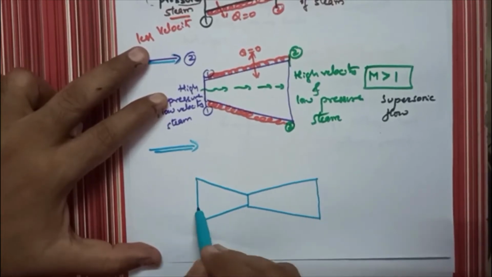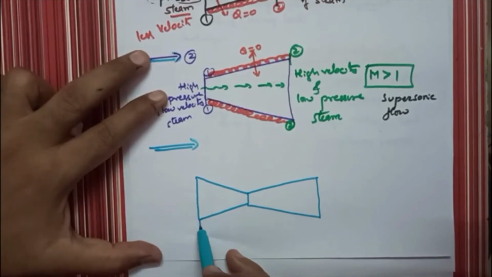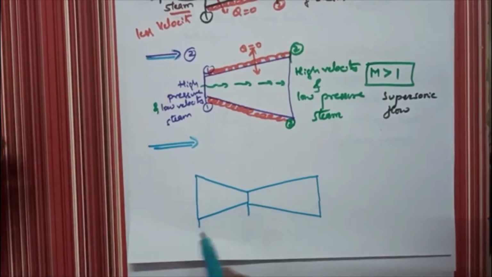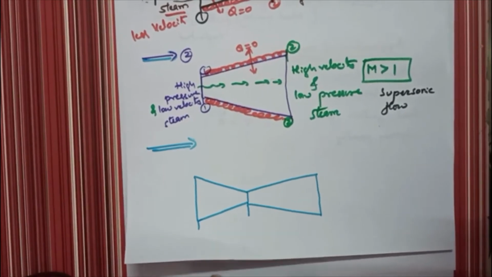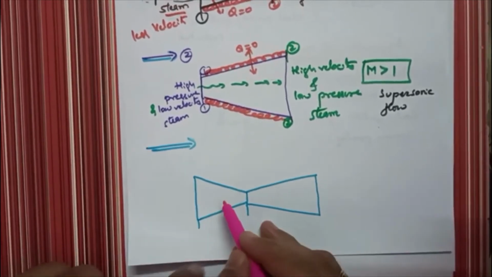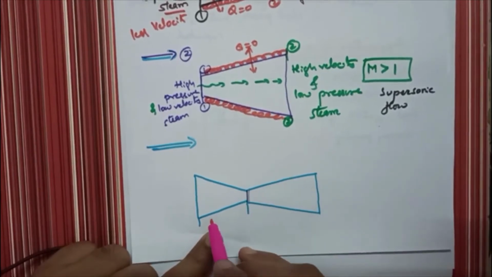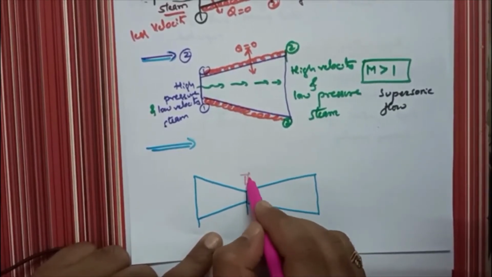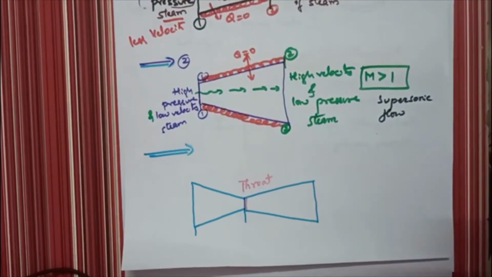You have to draw the sketch in this way. This is the convergent nozzle, 1 to 2, and this is the divergent nozzle, the second part. Between the convergent and divergent parts, there is a small portion of the nozzle that is called the throat, T-H-R-O-A-T.